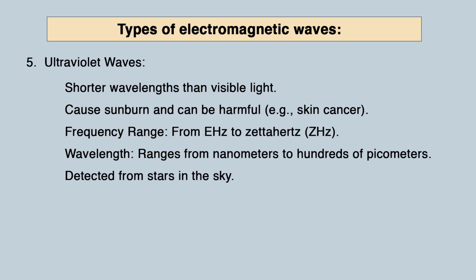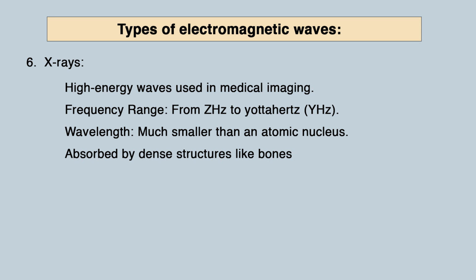Ultraviolet waves have shorter wavelength than visible light, cause sunburn and can be harmful to our skin also. The frequency range is exahertz to zettahertz, with wavelengths from nanometers to hundreds of picometers. They are detected from the stars and the skies. Next is the X-ray, high energy waves used in medical imaging.